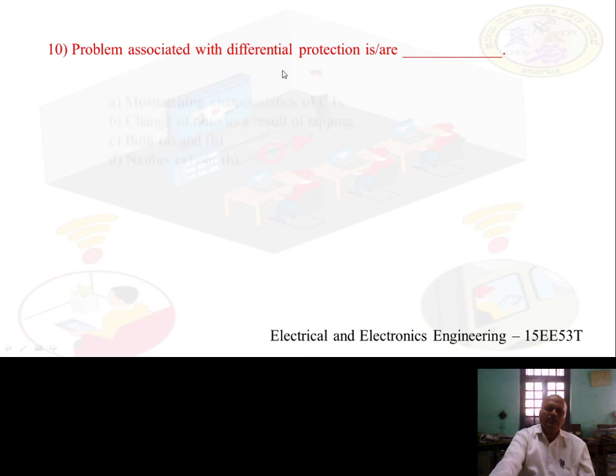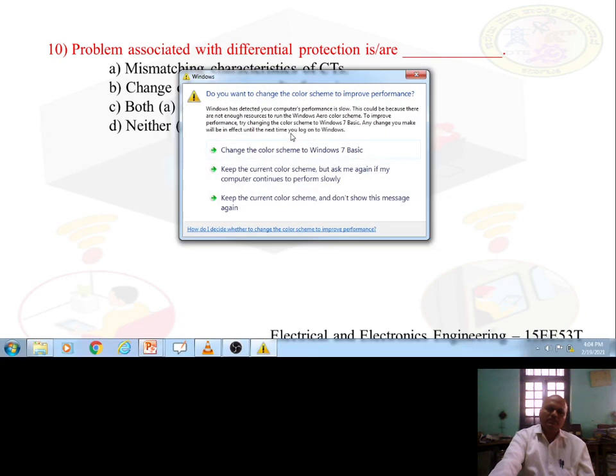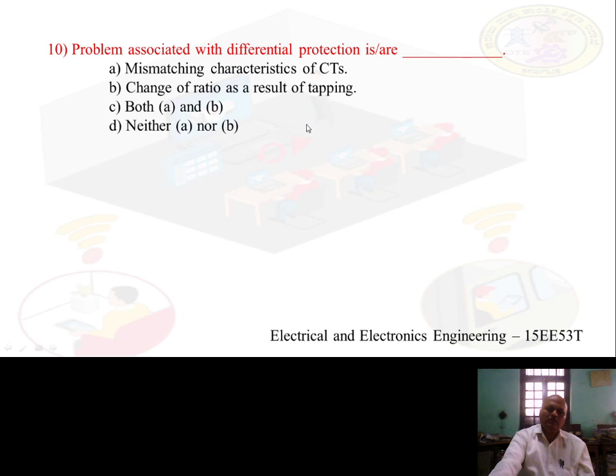Your options are A. Mismatching characteristics of CTs, B. Change of ratio as a result of tapping, C. Both A and B, D. Neither A nor B. Your answer is C, both A and B, because there may be a chance of change in the ratio due to different tappings used on the CTs.